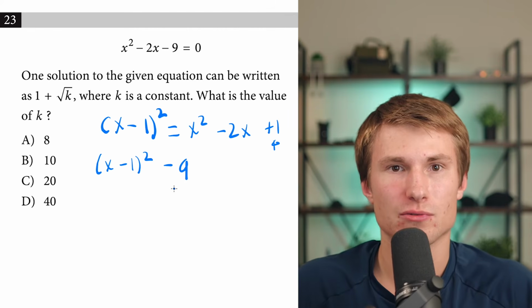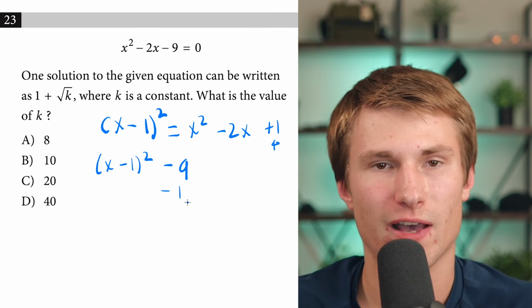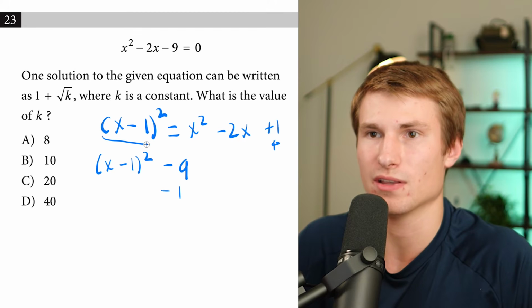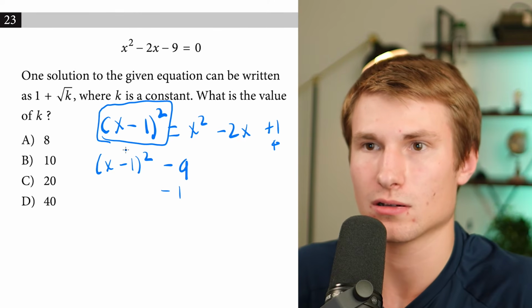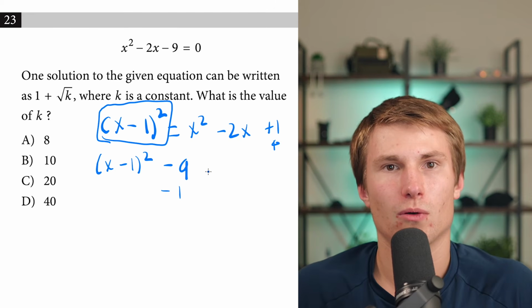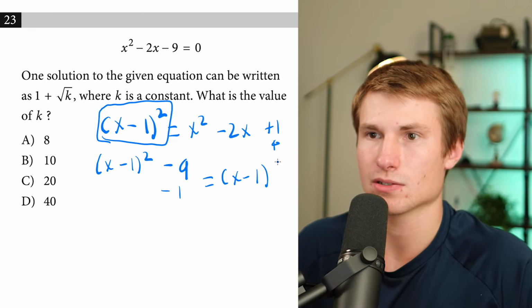So we would have to subtract another 1 to account for the fact that we're not including this plus 1 when we substitute in this x minus 1 squared. So we have to subtract that 1 out. Now, when we do that, we end up with x minus 1 squared minus 10.